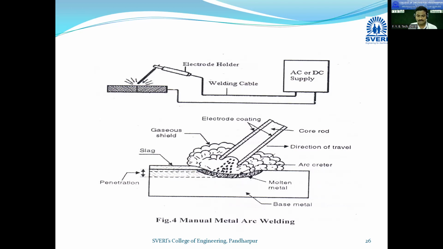That means if he does not have the skill, that is, practice and experience, that is what we call a skilled operator. If you have worked on it, you get good skill and you can do the welding properly. Now there is a gap, maybe 2 mm, between this welding rod and the workpiece. That gap should be maintained. Then only will the arc be produced and you can have heating of the metal pieces. If you do that properly, then only the welding will take place properly and we can get the required strength for the two welded parts. To get the strength of the two welded parts, the gap must be maintained properly. Can you see the sparks? So here definitely skill is required.